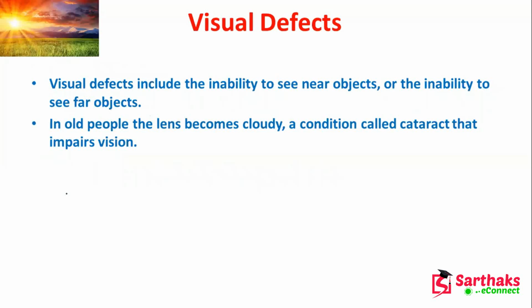Now visual defects. So we have the human eye, but some defects are there. Some of your friends have spectacles. You have also heard of some problems in an aged person's eye, and they have to replace the lens also. The visual defects include the inability to see near objects as well as far objects.